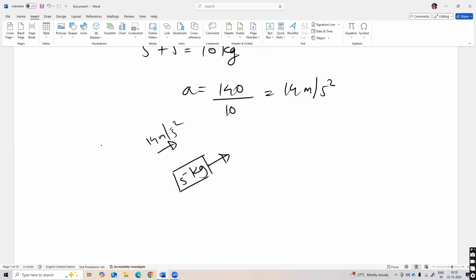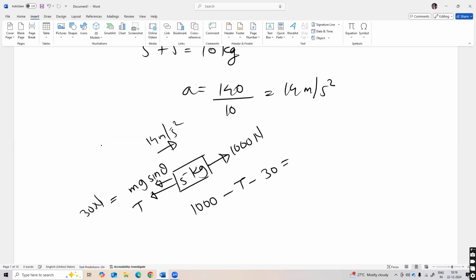The force which is pulling it is 1000 Newton, and there is a tension T, and there is one more force, mg sin theta, because of its weight, and we know that it is equal to 30 Newton. So again, if we do balancing in this direction, it will become 1000 minus T minus 30 equal to mass, which is 5, into acceleration, which is 14.